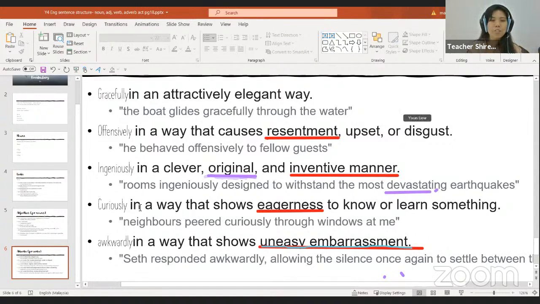Awkward means you feel very uneasy or embarrassed situation. What it means by uneasy or embarrassed means that I was planning to go for a party. I was told that everyone put on Halloween. So I go to the party, but then I mistaken it's not Halloween.